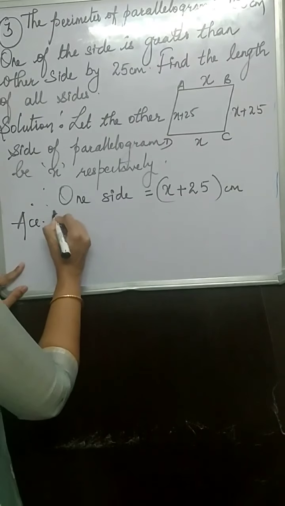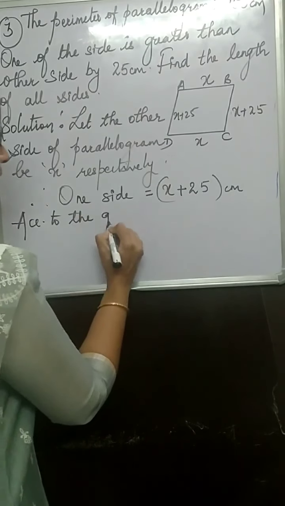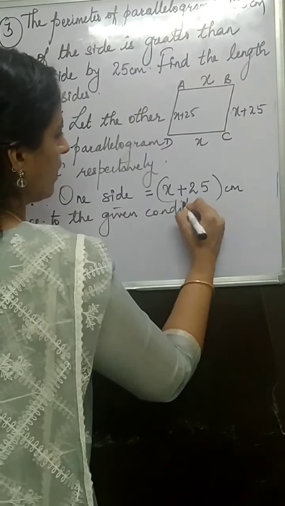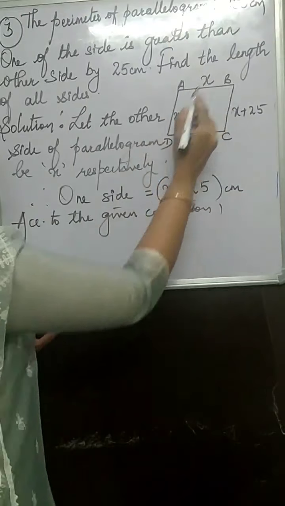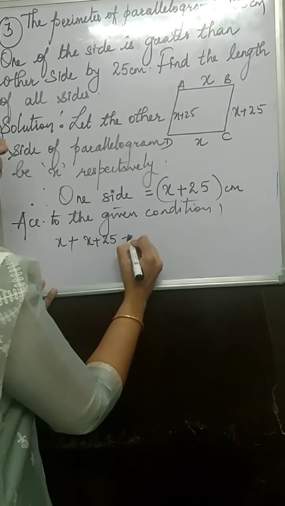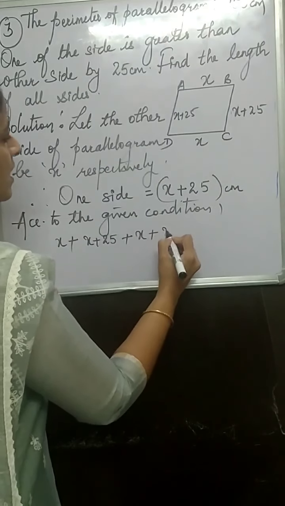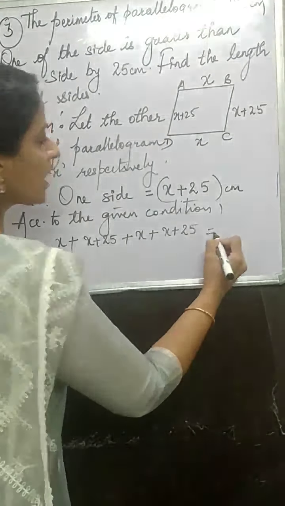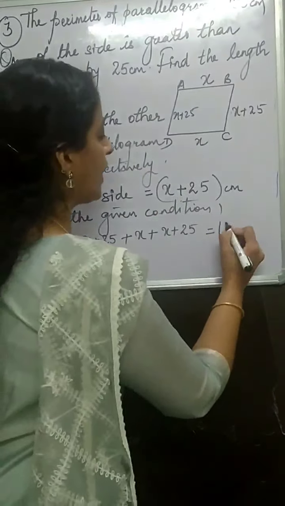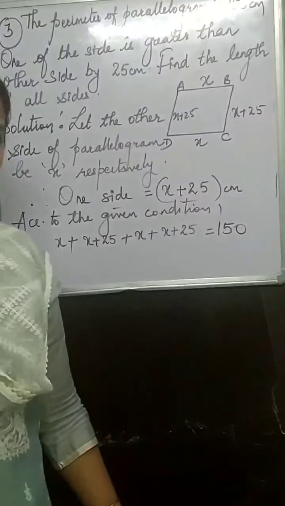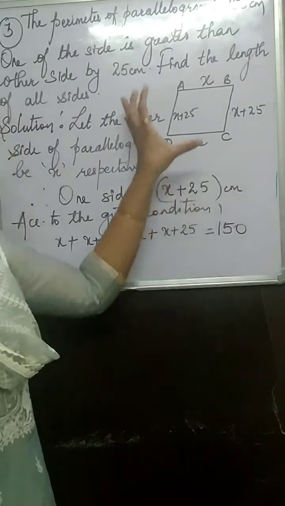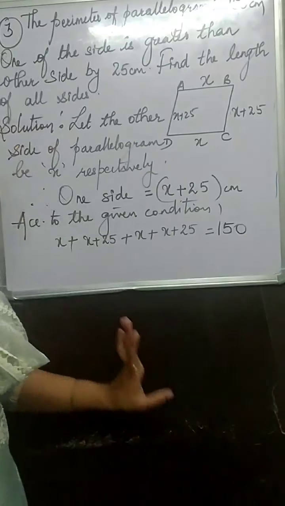So write down, according to the given condition, add all the sides, that is X plus 25 plus X plus 25 is equal to 150. You can write this as 2 into X plus 25, but I just added all the sides to be very simple.